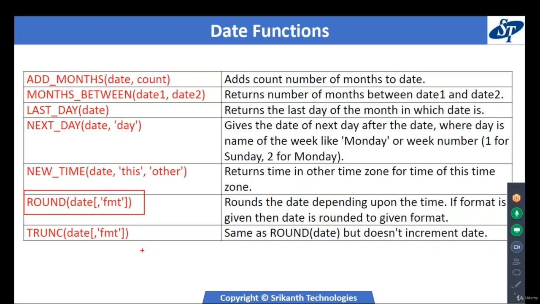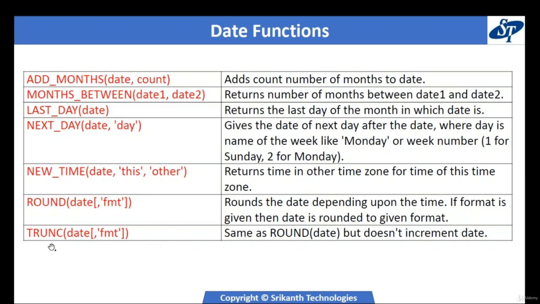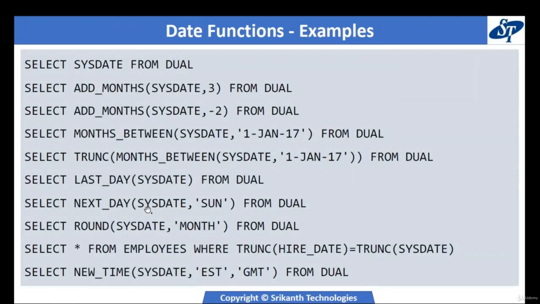Now they play a very important role, and especially trunc can be used very widely in the context of comparing the dates, because when you compare the dates, it's not just the date, you are also comparing the time. But to ignore the time and compare only by dates, we need to use trunc. So those are the functions, and here are some examples.